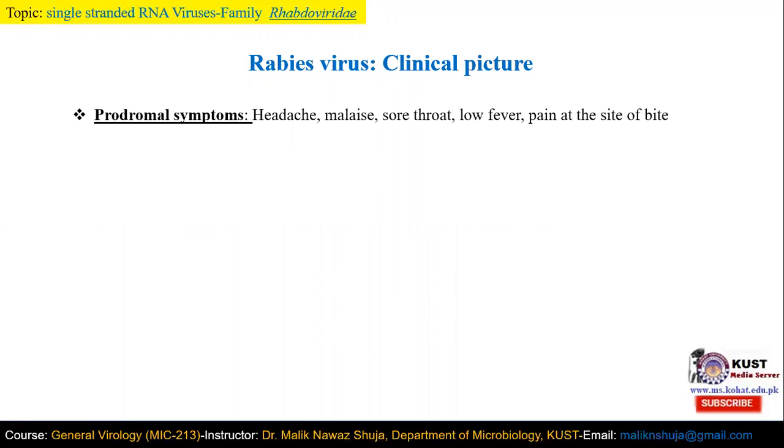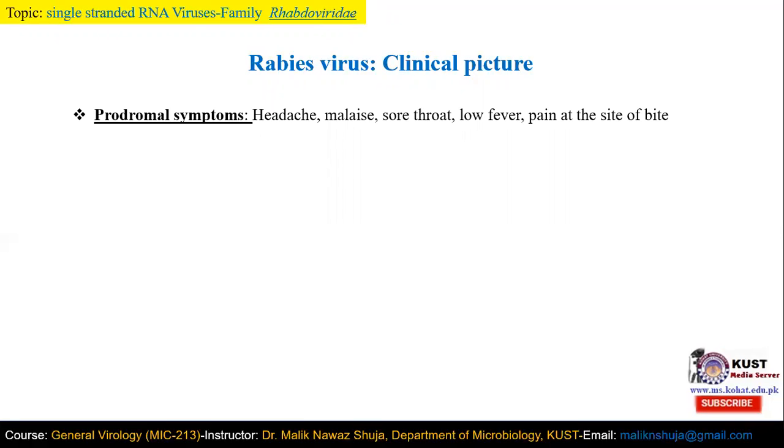Rabies virus is a pathogenic and highly virulent virus which affects the central nervous system of the patient. Once the virus is onset, it produces specific symptoms.